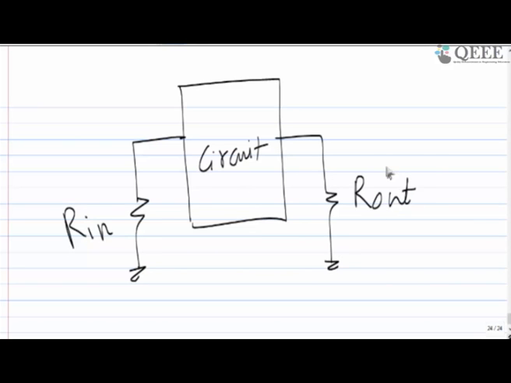Actually it has input impedance and output impedance, but as we are only dealing right now at the resistance level, not at the capacitance and inductance level, we are not doing that. So every circuit will contribute output resistance and input resistance.